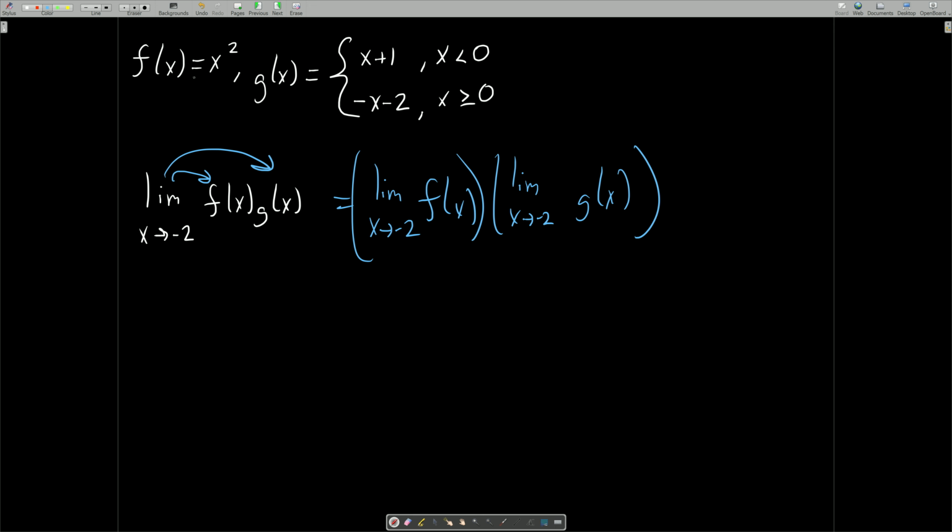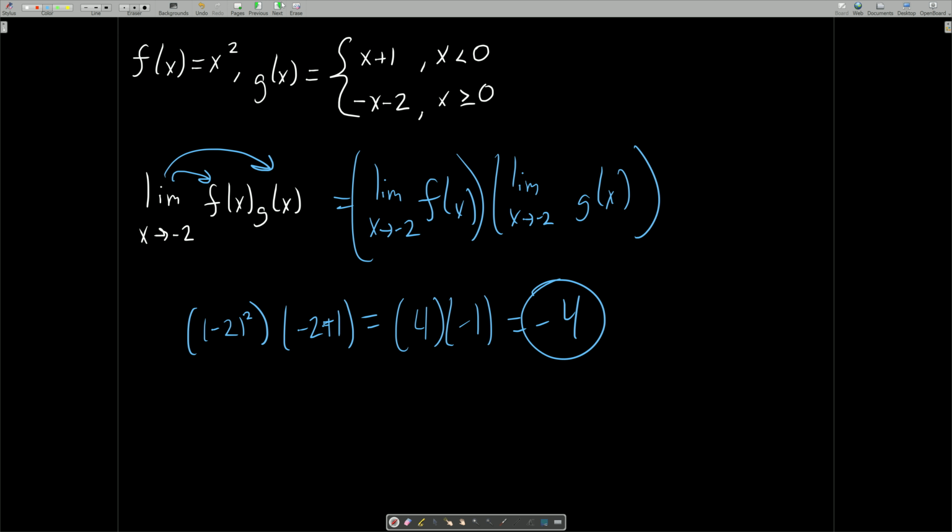So first you can just plug in negative 2 into x squared here to get negative 2 squared. Now if you plug in negative 2 into g of x here, since negative 2 is less than 0, we'd use this expression here. So you get negative 2 plus 1. Negative 2 squared is 4. Negative 2 plus 1 is negative 1. And 4 times negative 1 is negative 4.